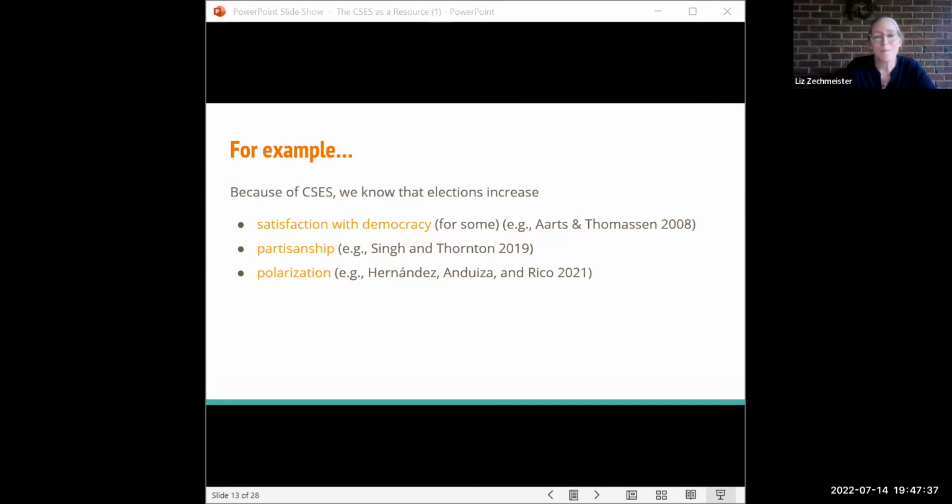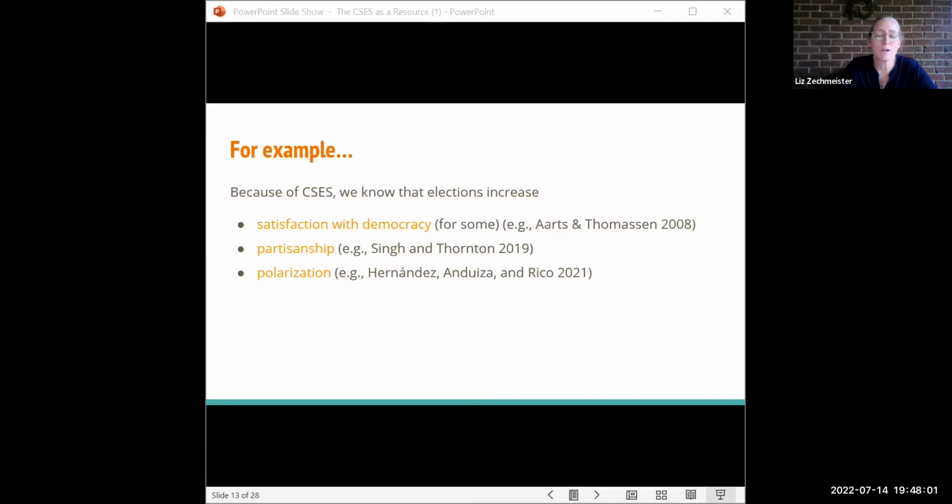For example, because of CSES, we know that elections increase satisfaction with democracy for at least some. You can look at work by Arts and Thomason in 2008, and there's other work in this domain as well, some of it that uses CSES data. We know that elections increase partisanship.